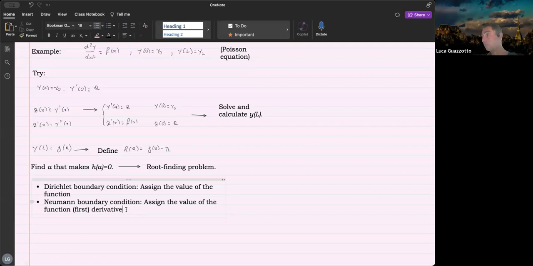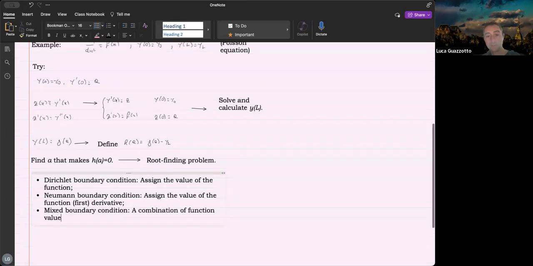You may have some more complicated boundary conditions, where you have a combination of the value of the function and the value of the derivative.